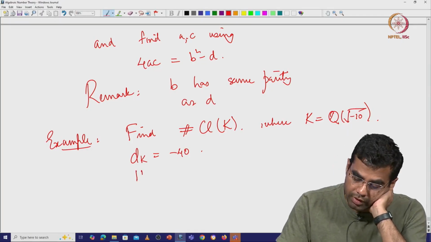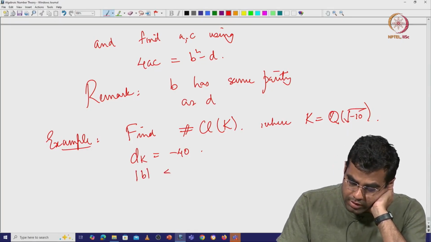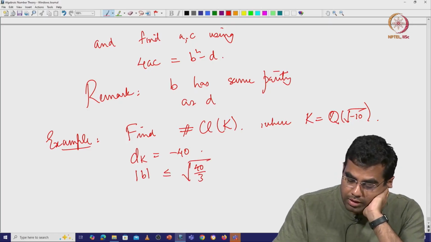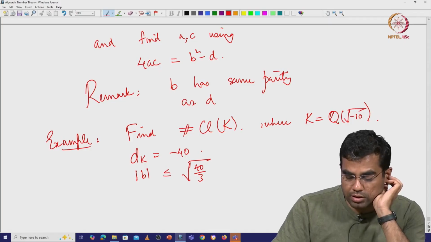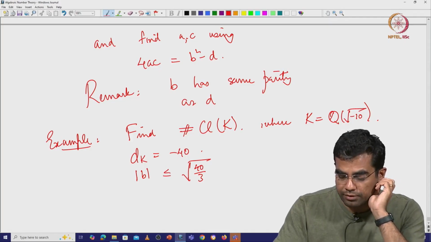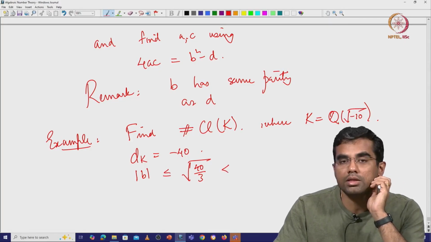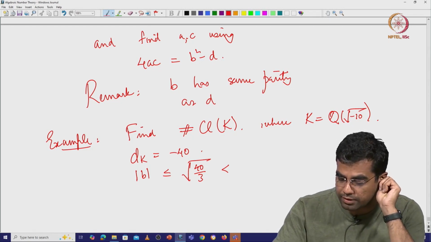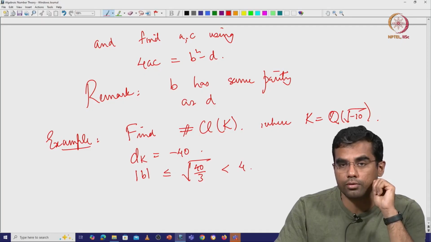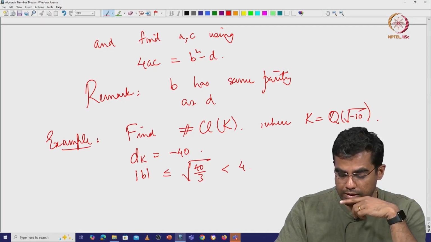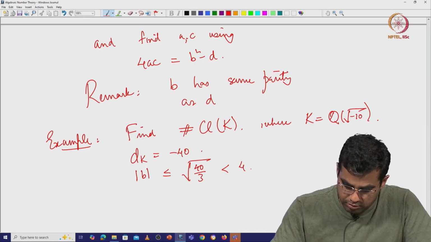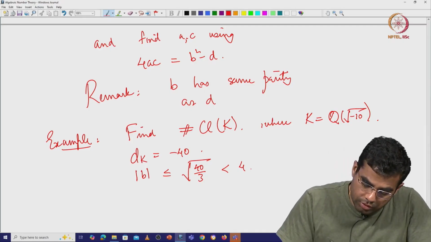And so we get mod b is less than or equal to the square root of 40 by 3. 40 by 3 is 13 point something, so the square root is definitely less than 4, and d is even, so we just have to consider even values of b.